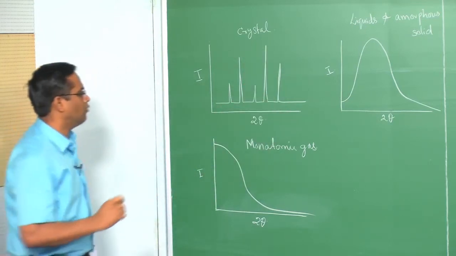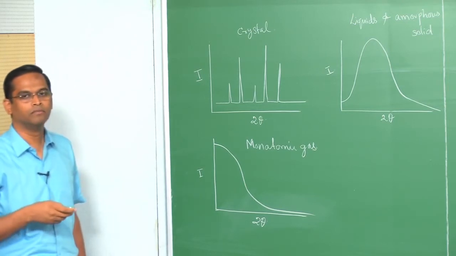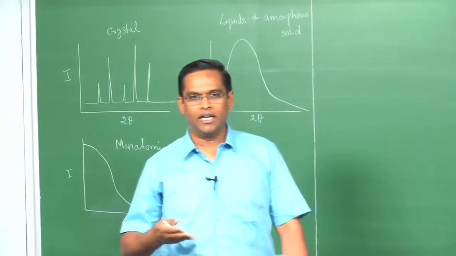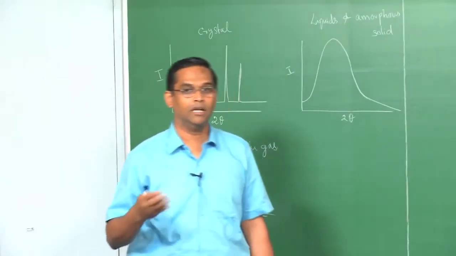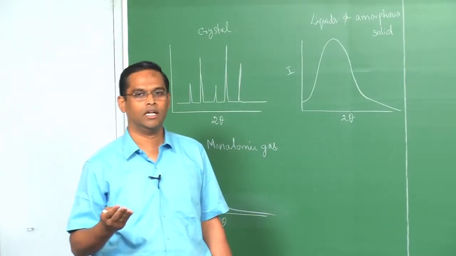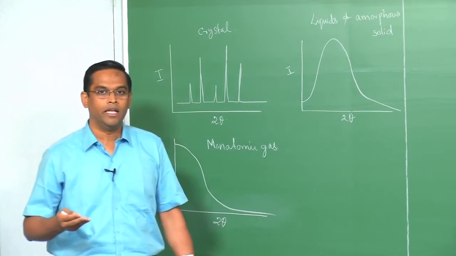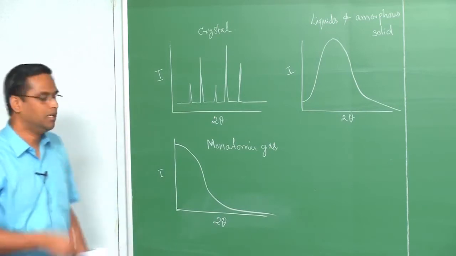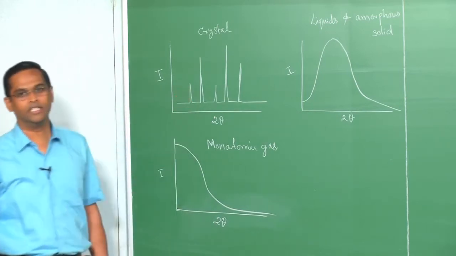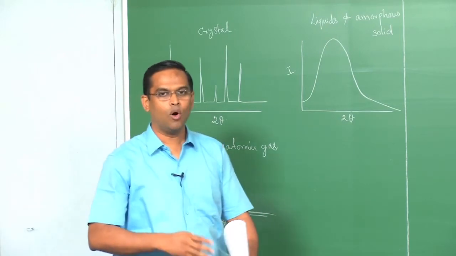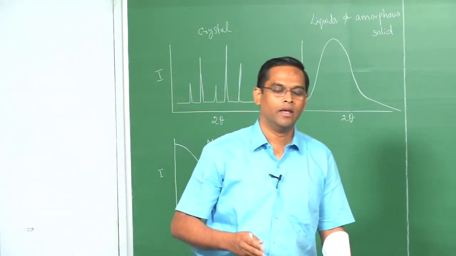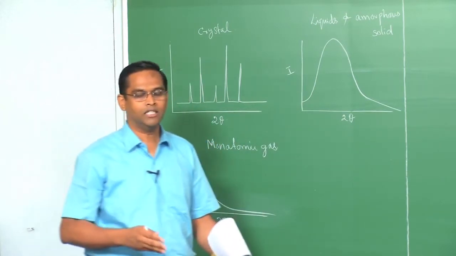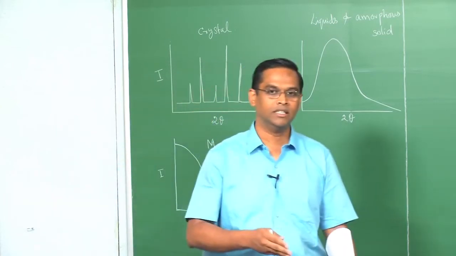So, one thing you have to understand from this, very important: you take a single atom, then you assume that X-rays are interacting with this atom, that atom scatters the X-rays in all directions. And in a periodic lattice, you get this intensity only at certain 2 theta angles. That means in all the rest of the directions the intensity is cancelled by destructive interference, which is also a very important aspect of diffraction, as much as the constructive interference.